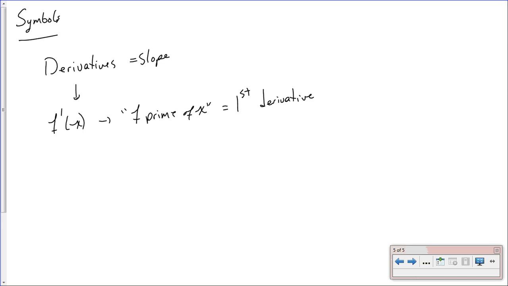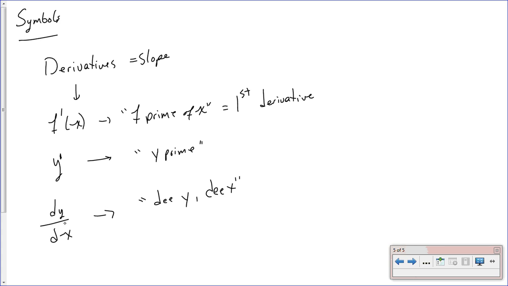All right? You can also call it y prime, y with a little 1 right there. And you say that y prime. All right? You can also see this, which you say dy dx.